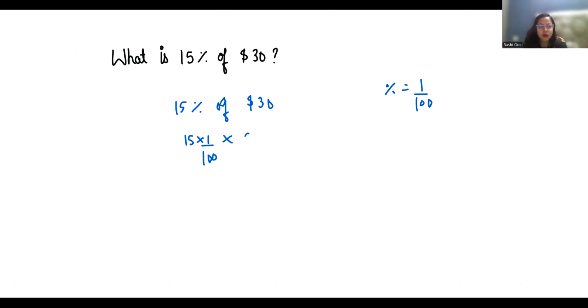So it's 15 by 100 times $30. So we can cancel out the 0 with 0, and 15 by 10, if we reduce by canceling it with 5, so it's 3 and it's 2. So 3 times $3 by 2, that is 9 by 2, which is equal to $4.5.